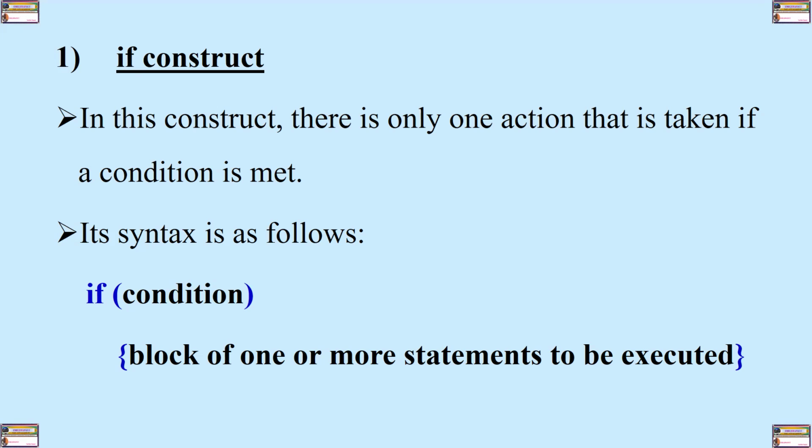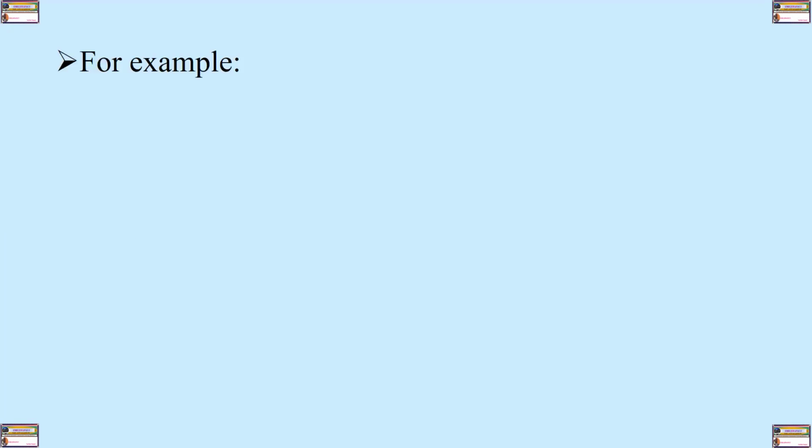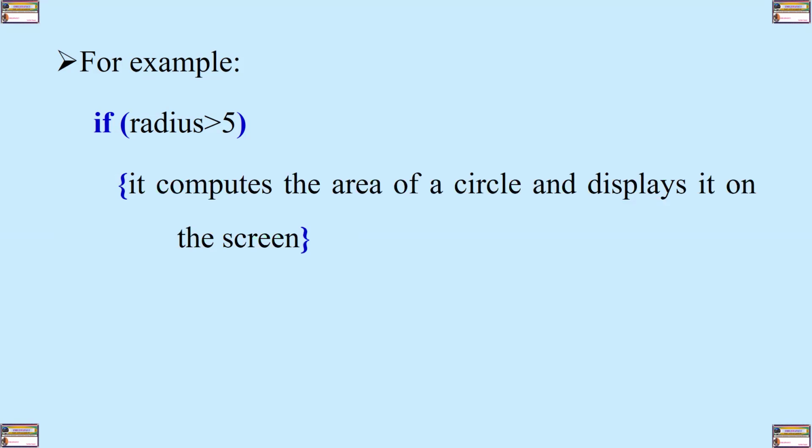That's its syntax. So an example is if radius is greater than 5. So there's a condition that has to be checked. If the value entered is more than 5, that is when these statements will be done. The program or the compiler will compute the area of a circle and display it on the screen.